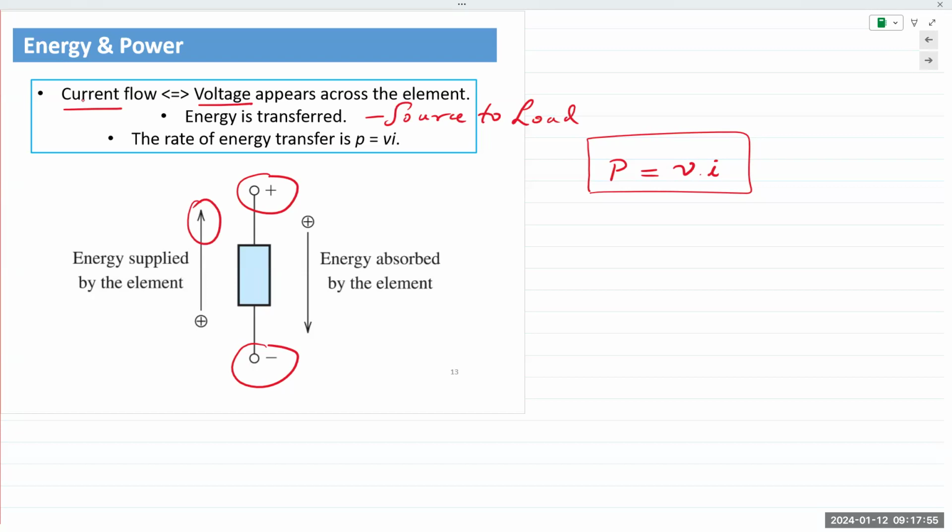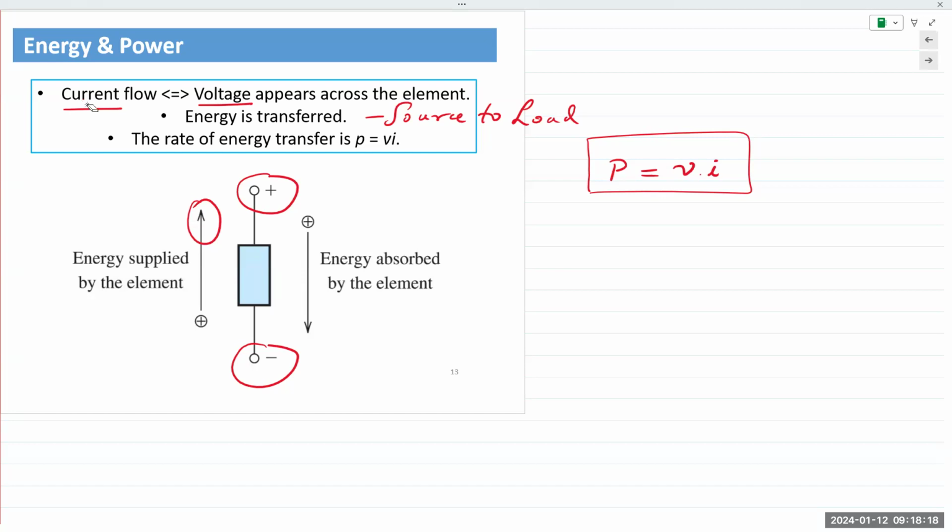And so if that's the case, then the energy is being supplied by that element. Again, if the current direction, whether it's assumed or whether it's known, is showing that the current is going from the negative end of an element to the positive end of that element, then the energy is being supplied.